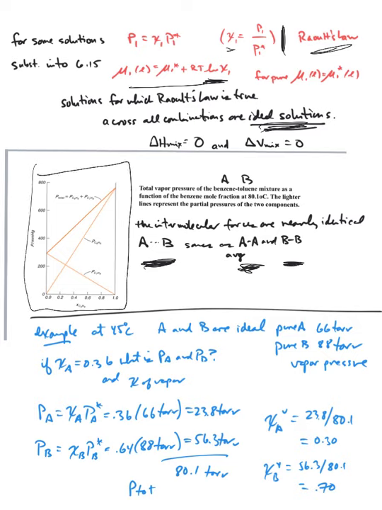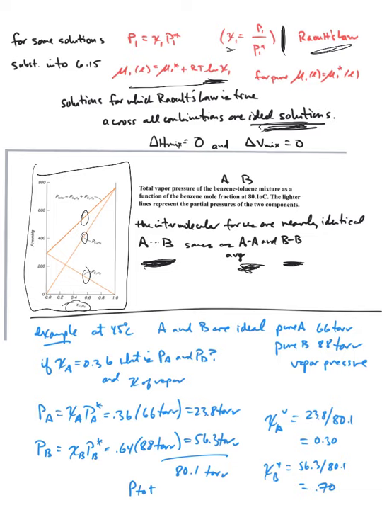Well, this is what you see for ideal solutions. And here we have a benzene toluene graph that shows that, based on the mole fraction of benzene, the sum of the individual partial pressures is going to be exactly the partial pressure of the mixture.